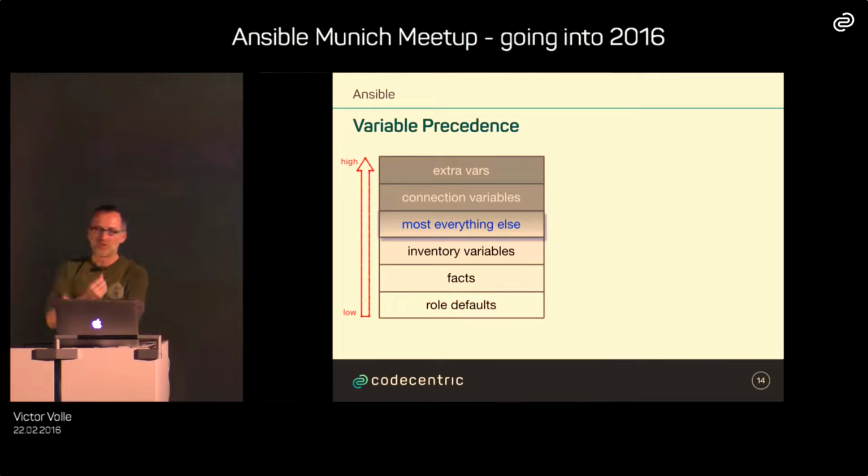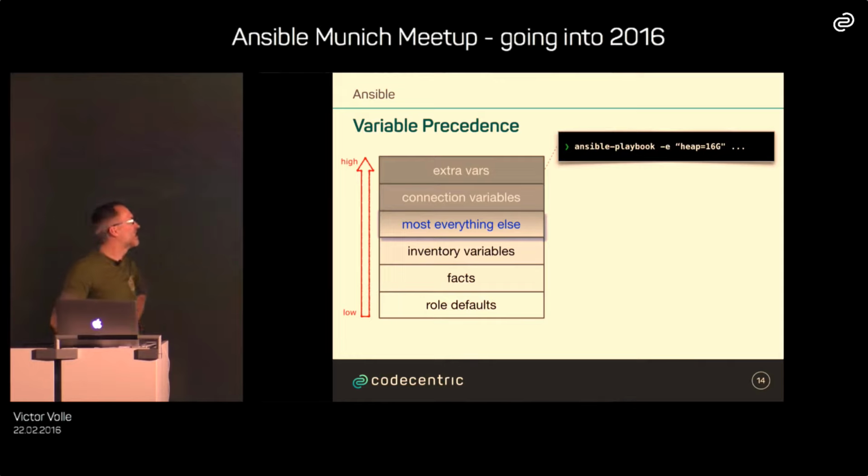Because what they told you in the documentation was you have this hierarchy. Role defaults are on the lowest level, and the extra vars you put on the command line are the highest priority. But the most interesting, sorry, wrong direction. This is the extra vars.